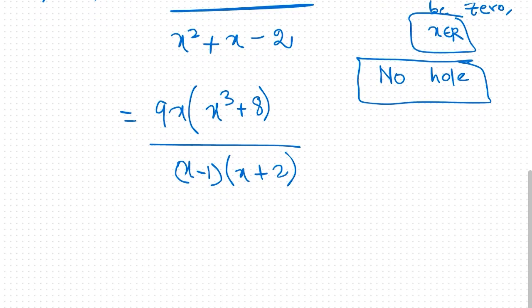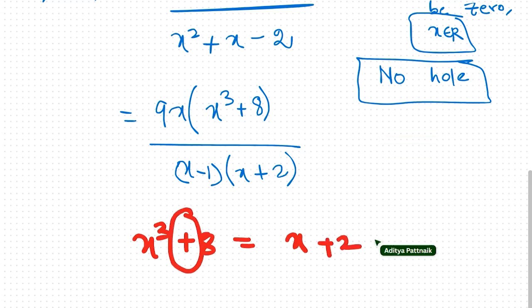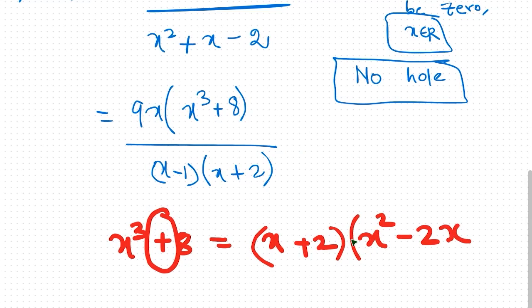Yeah, you could simplify the x cubed plus 8 into x plus 2 times x squared minus 2x plus 4. Good.